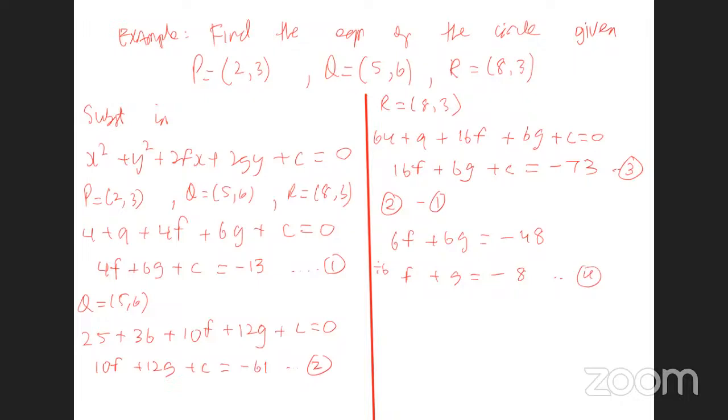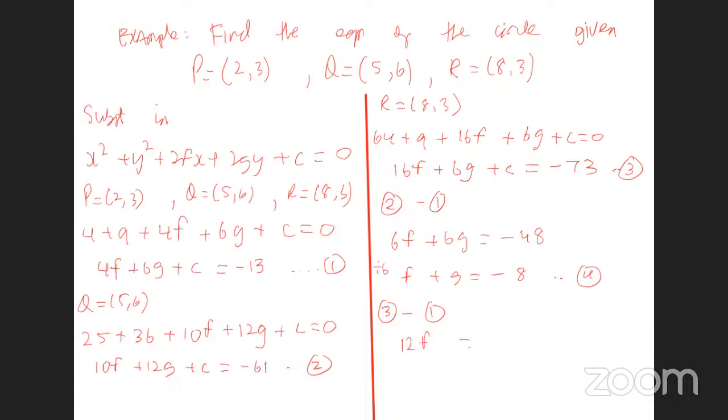You'll recognize what happened when you substitute minus 3 and 1. You just get an F. So it worked out real nice there. 16F minus 4F is 12F. 6G minus 6G is 0. C minus C is 0.